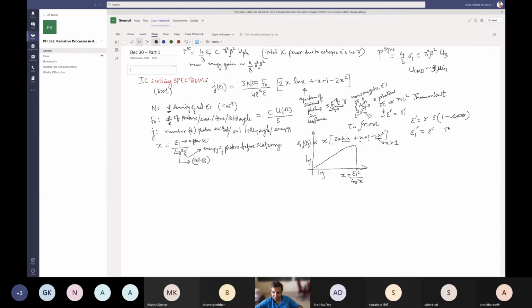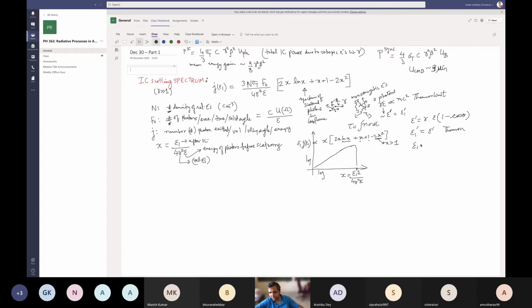This is the Thomson limit. There's no h in Thomson, in which there is no exchange of energy. It's elastic scattering in the electron rest frame.